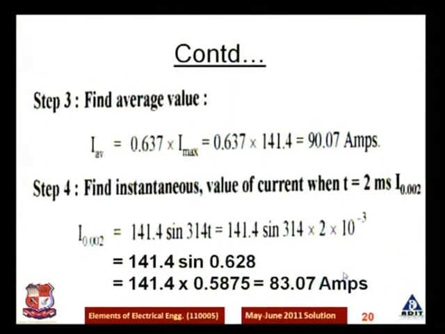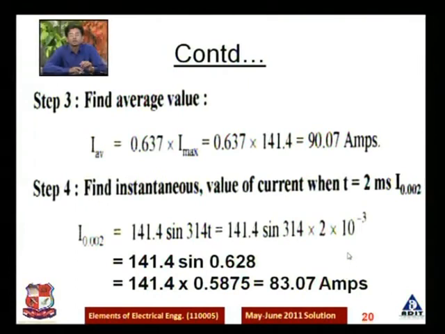Let us see the third step. You are asked to find the average value. How to find the average value? There is also a relation: I average equals 0.637 times the maximum value. So it is 0.637 and the maximum value is 141.4. You will get the final answer, 90.07 ampere.